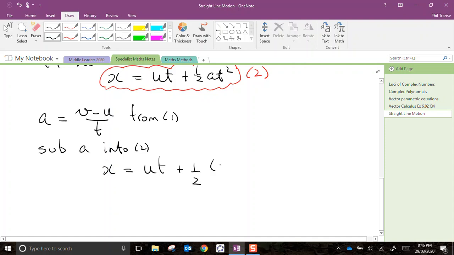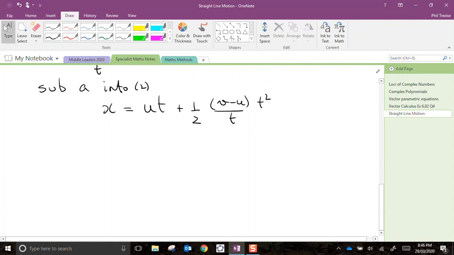Instead of acceleration, I'll put v take u over t, and then I'll still have t squared. Well, that t cancels with the squared. I could have u plus v take u over 2. I could factor out the t.